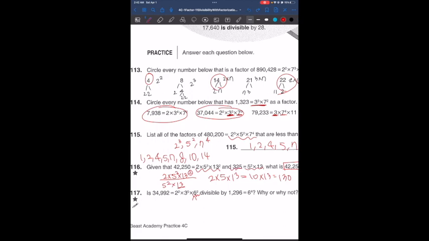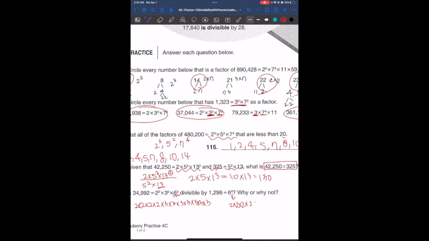And so if we rewrite that, that's going to be 2 times 2 times 3 times 3 times 3 times 3 times 3, and each 6 is going to be 2 times 3. And 6 to the power of 4 is going to be 2 times 3 times 2 times 3 multiplied 4 times. So we're basically going to have 2 times 2 times 2 times 2 times 3 times 3 times 3 times 3.